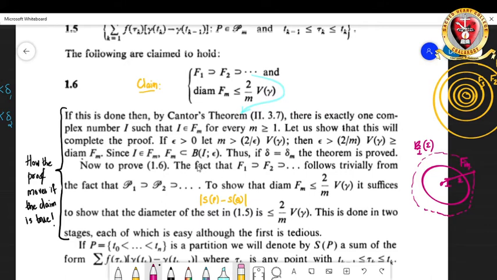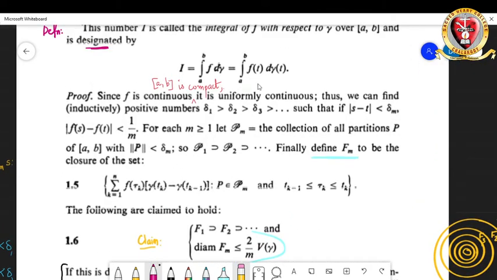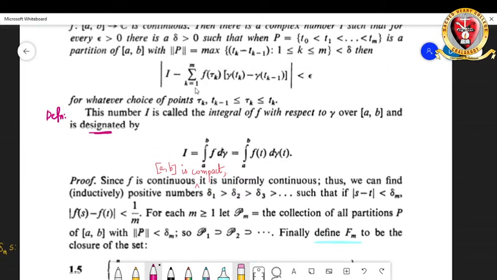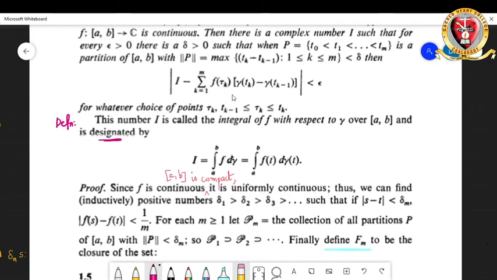So this means that whenever delta is delta m, our theorem is proved, because I is inside Fm, and this particular value is also inside Fm.